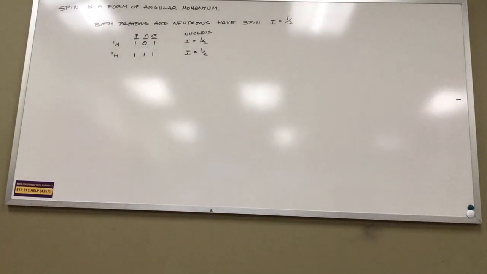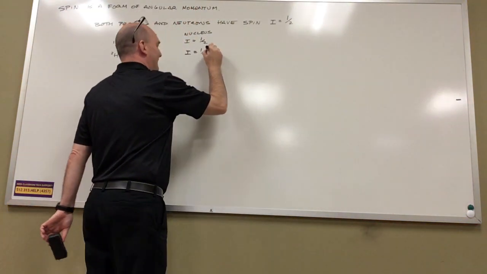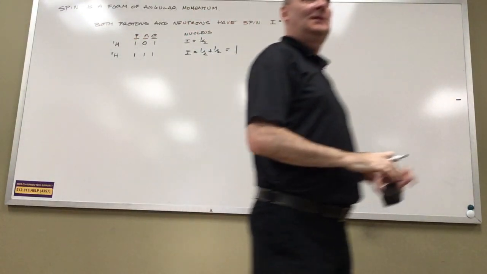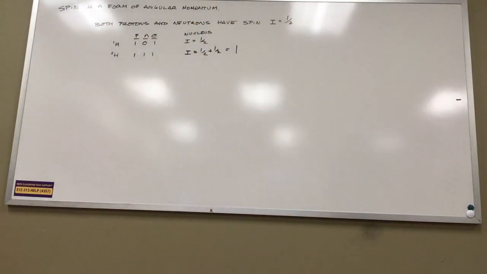That's a half for the proton and a half for the neutron. I didn't finish my thought. It's equal to 1.